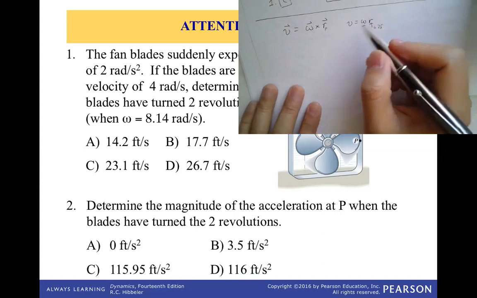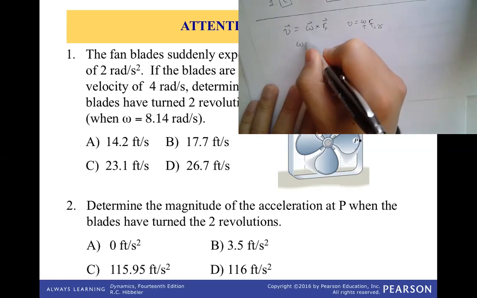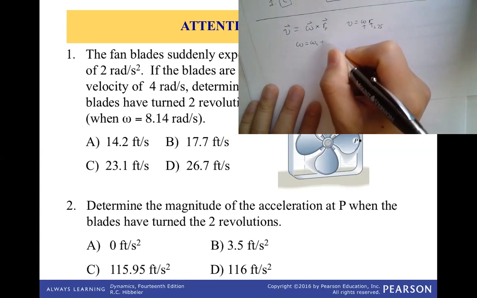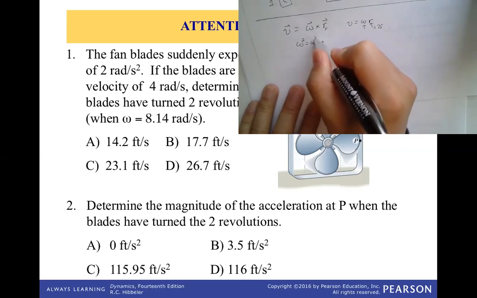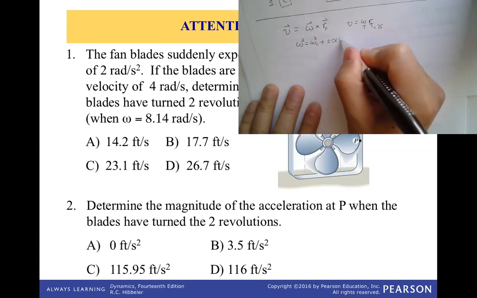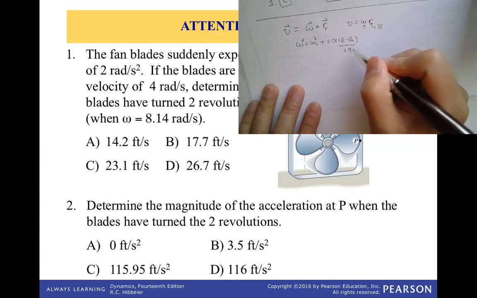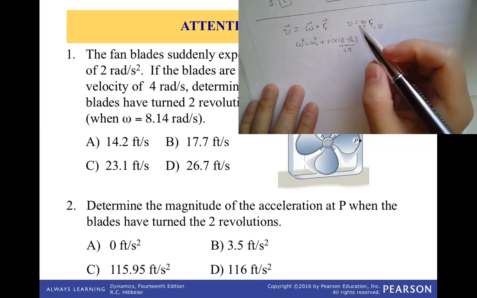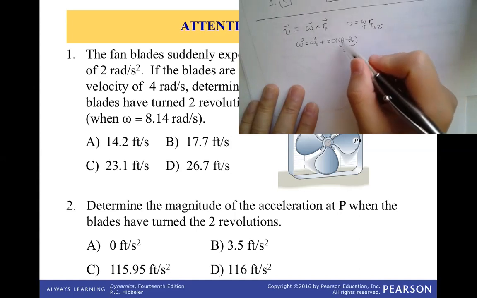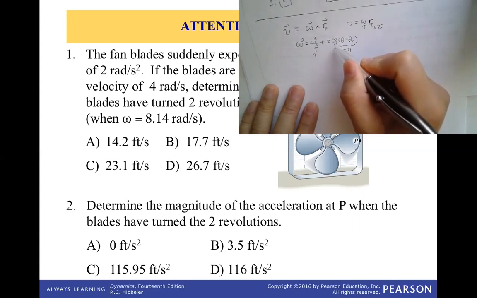Omega is going to be equal to, in this case, it tells you the acceleration is constant, 2 radians per second squared. So you can apply this equation, omega final squared equals initial squared plus 2 times alpha times theta minus theta 0. This is equal to 2 pi in radians, or 2 revolutions. Initial omega is 4, alpha is 2.